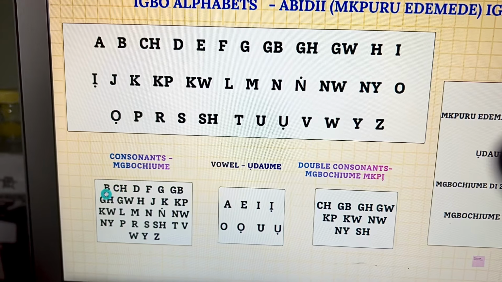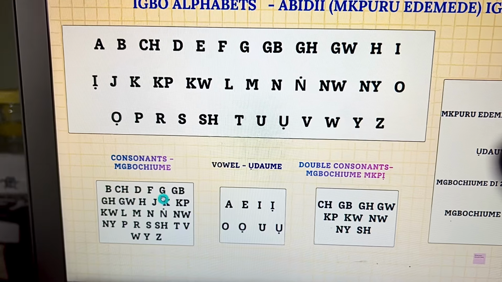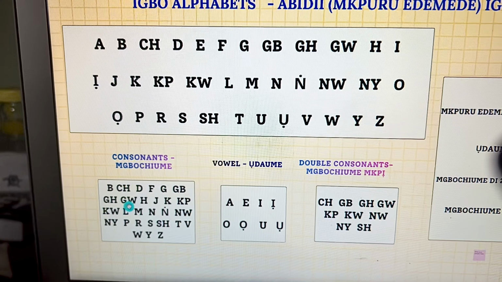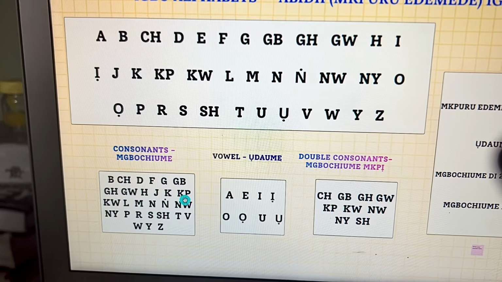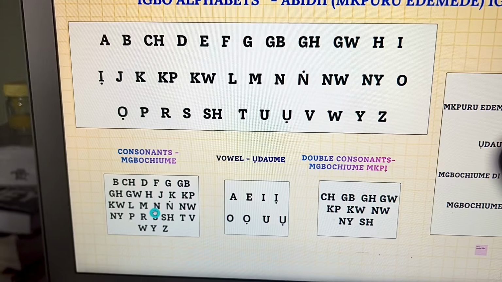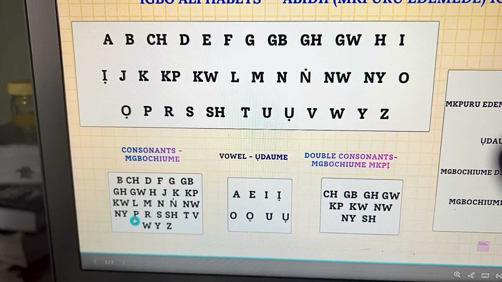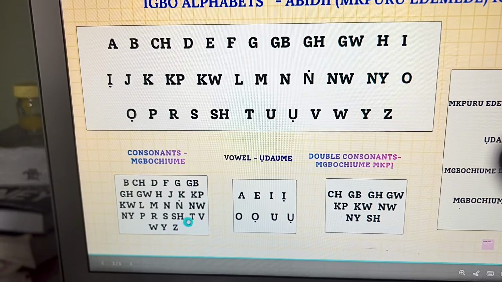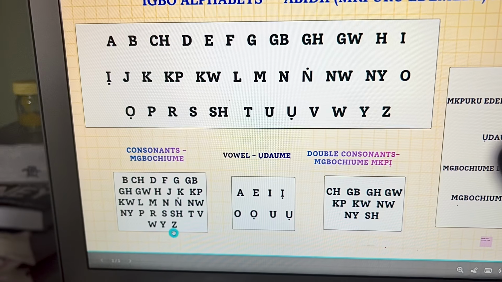So we have B, Ch, D, F, G, H, J, K, L, M, N, Ng, Nwe, Nye, Pe, Re, Se, She, Te, V, We, Ye, Z.